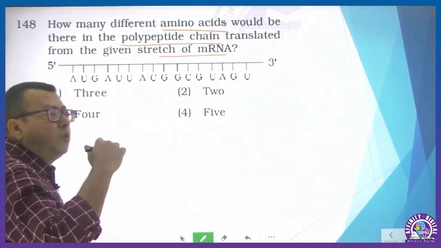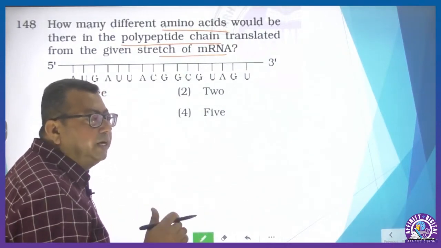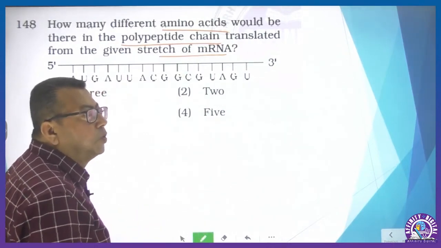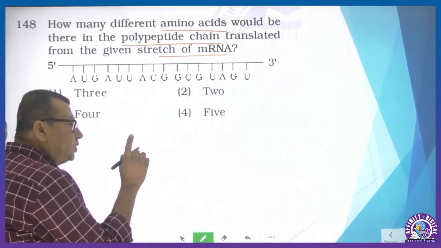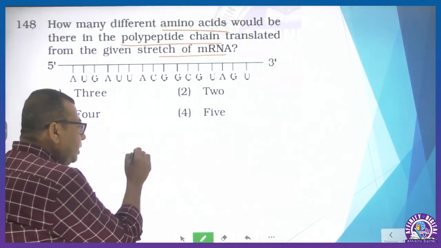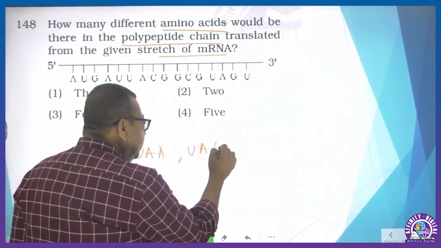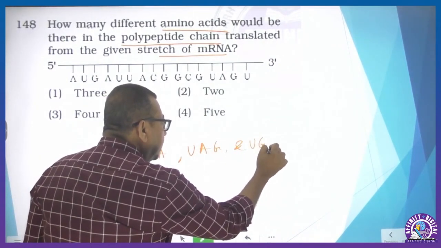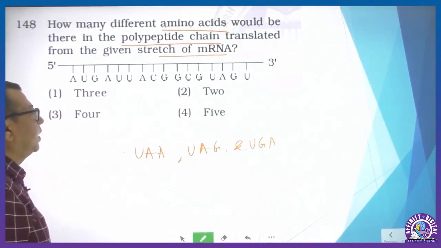Most of the codons are amino acid codons, but 3 codons in the mRNA are stop codons. So what are the stop codons? Stop codons do not code for any amino acid. Stop codons are UAA, UAG and UGA. Any of these 3 present in mRNA do not code for any amino acid.